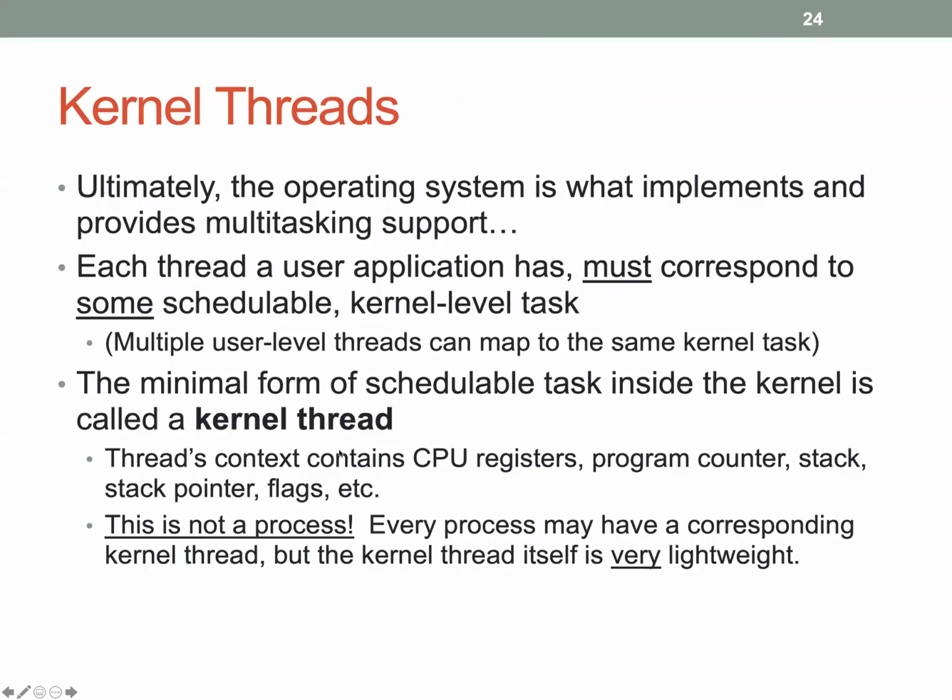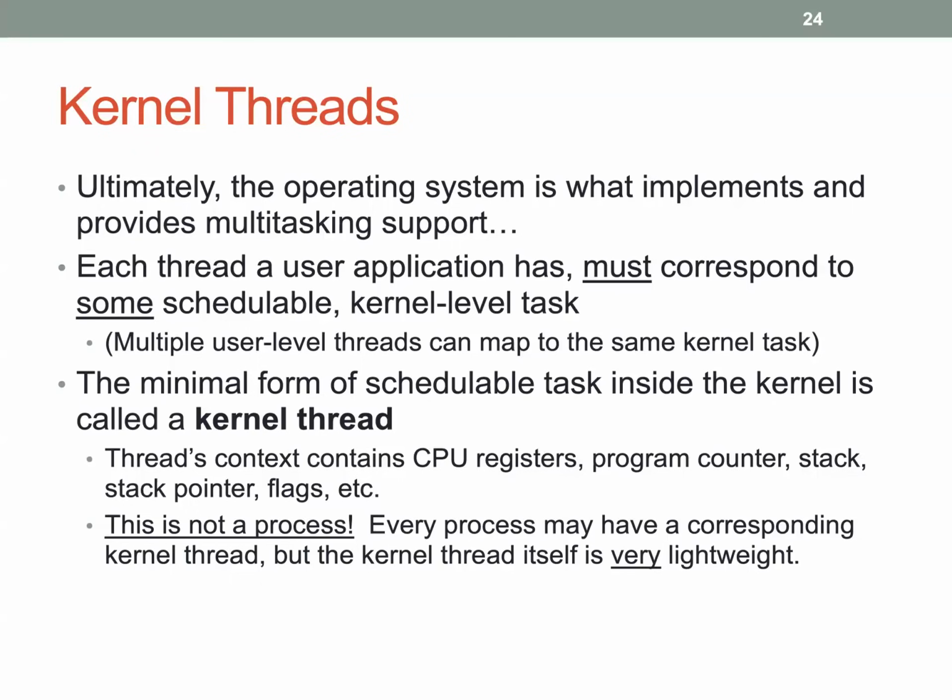Okay, so that's why I say here the thread's context has CPU registers, program counter, and so on. And this kernel thread is not a process. It's not necessarily a thread in a process either. So there has to be some association between processes and kernel threads, or process threads and kernel threads. Okay, but the kernel thread is the thing the OS implements to provide this concurrency abstraction.